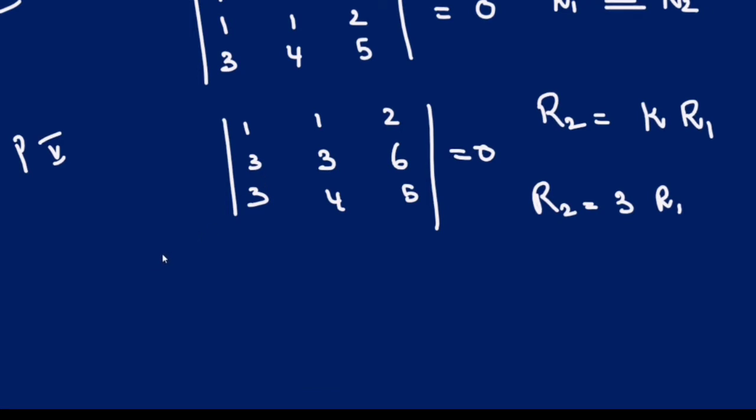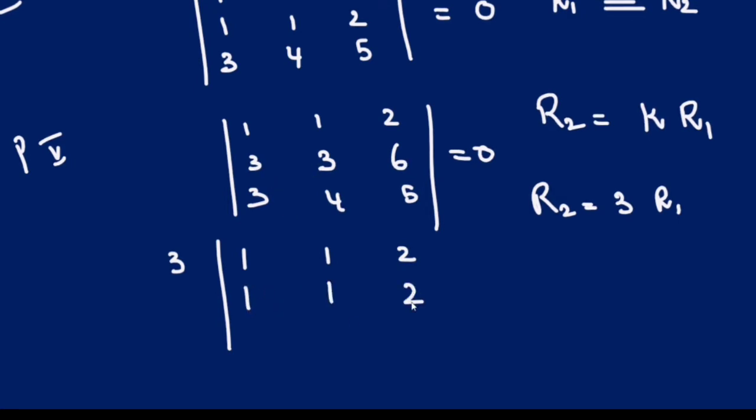Not like matrices. In matrices, you can take the constant out only if you have a common element everywhere. But in a determinant, just take this row, you have 3. One row or one column is enough. So I have taken 3 from the second row. So you get 1, 1, 2. Then this is 3, 4, 5.